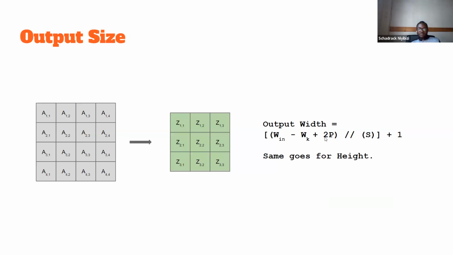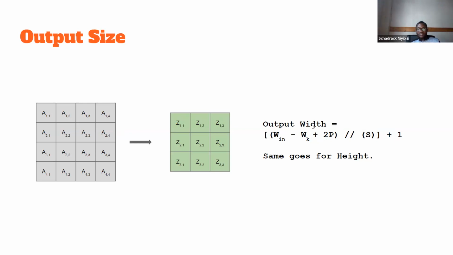For example, if I need to pad with 1 zero on the left and right, that's why you multiply by 2, from the left and also the right. That's why this 2 is coming from when you calculate the width. Then after that, divide by the stride.